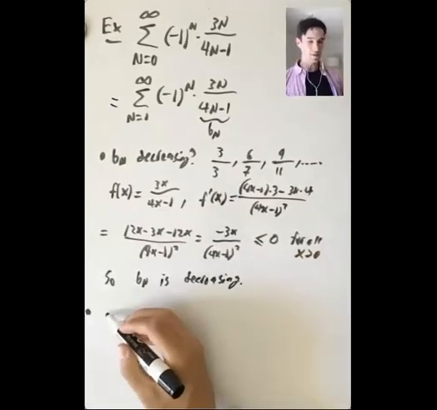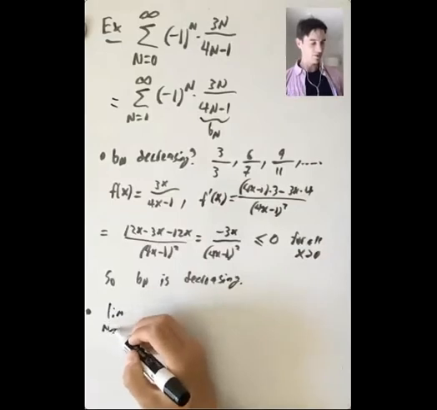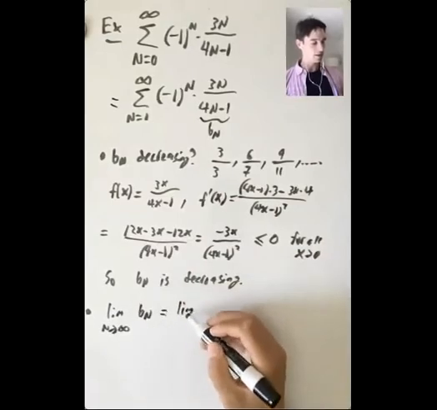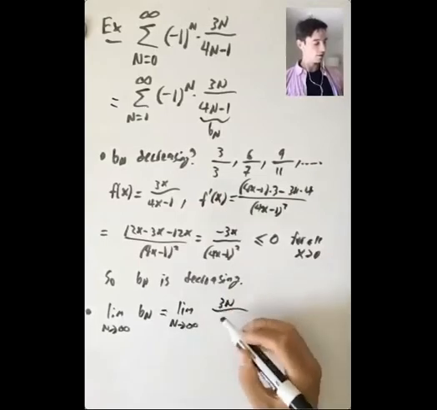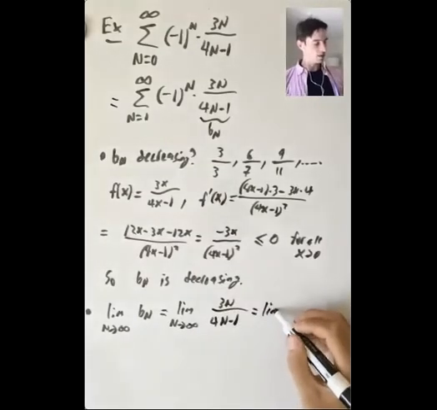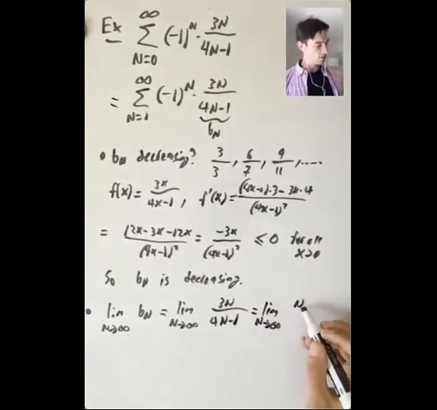Okay, so let's do the next part. What is the limit as n goes to infinity of Bn? It's equal to the limit as n goes to infinity of 3n over 4n minus 1. And if you want to be really careful here, you can factor out the highest power of n from the numerator and the denominator.